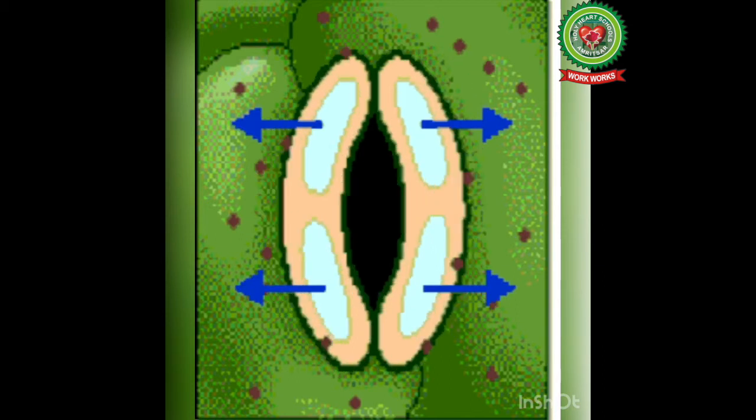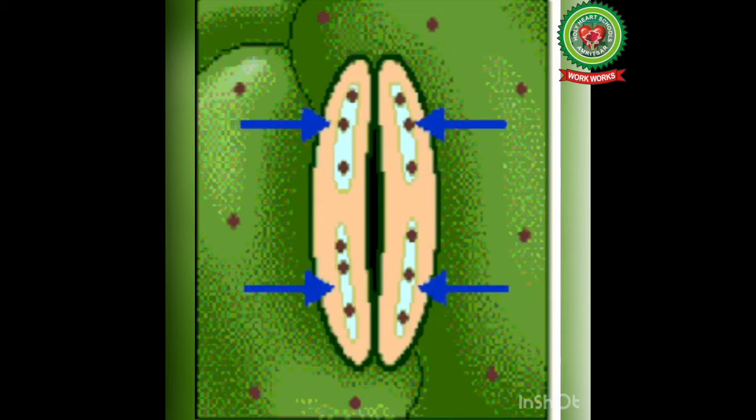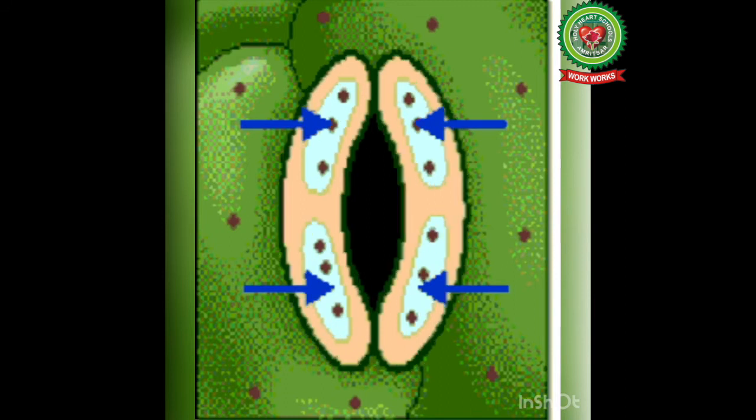When the guard cells are fully turgid, they become more arched outwards and the aperture between them opens wide. At night, when there is shortage of water in the leaf, the guard cells turn flaccid, their walls collapse and the stomatal opening is closed. So they are often called turgor-operated valves.